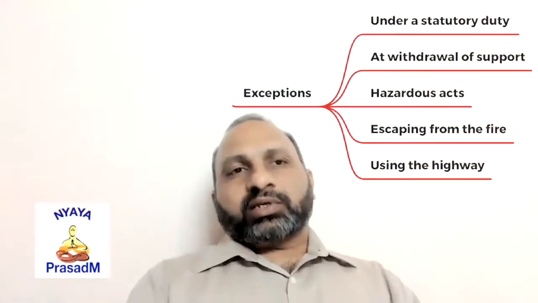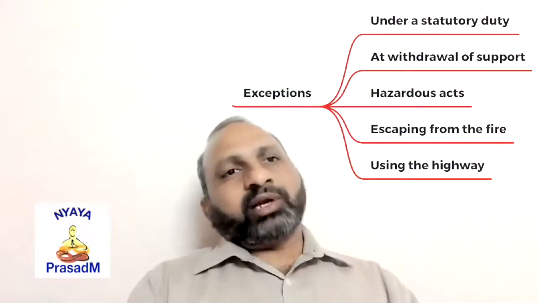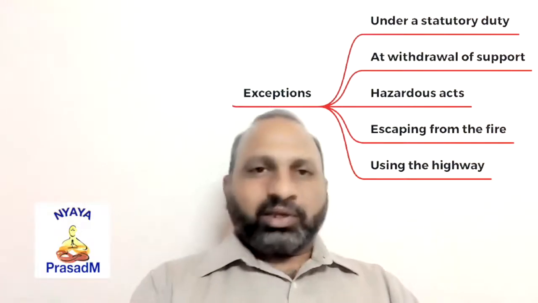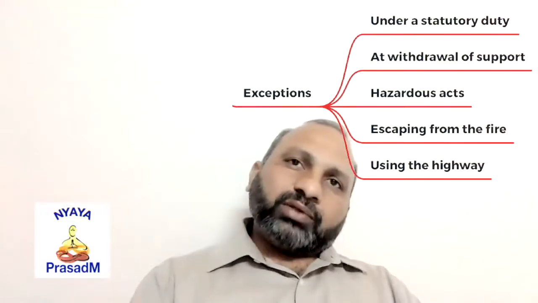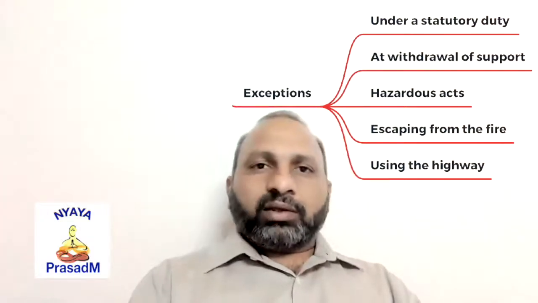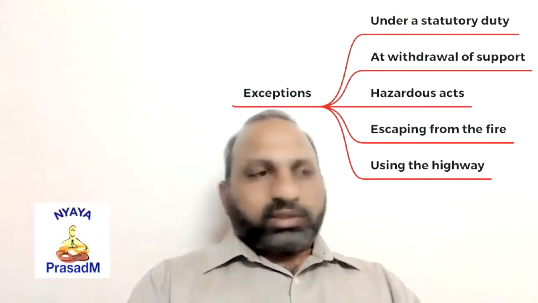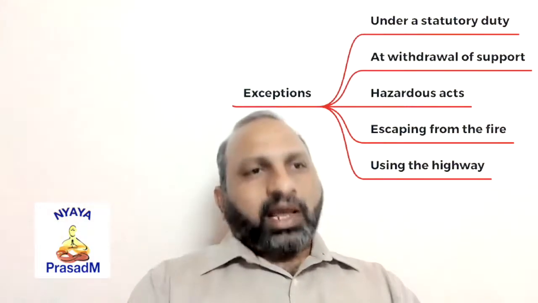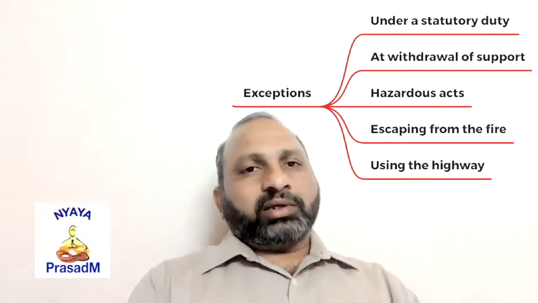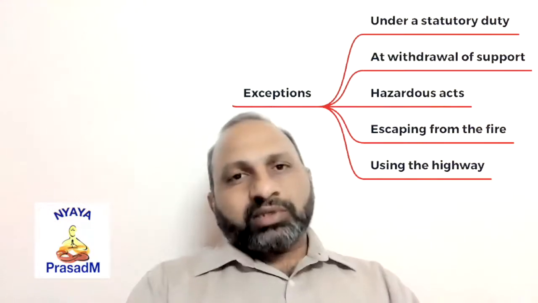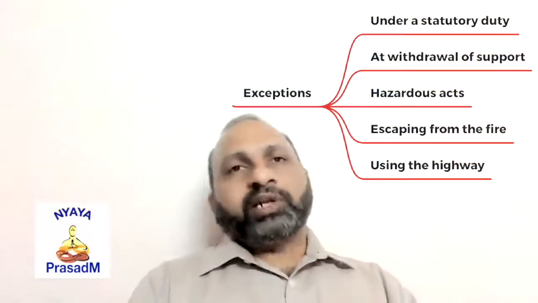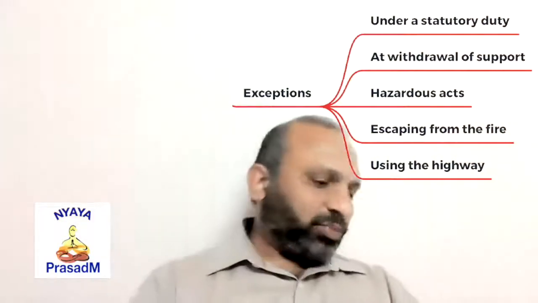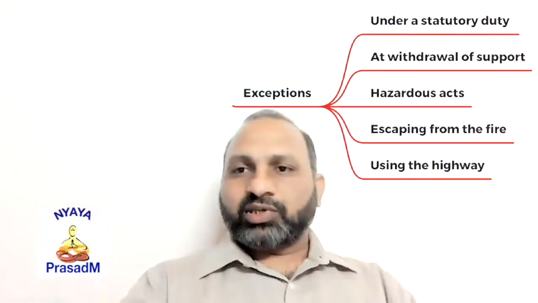The exception is if such act or omission has been committed under a statutory duty, then this is not an accepted liability. The next exception is when such liability is involved with withdrawal of any support which is very essential.